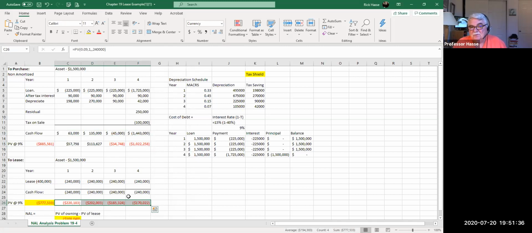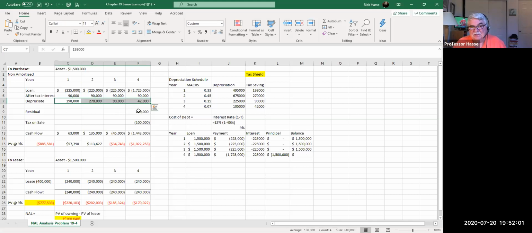And the main reason for that is because it's such a short-term asset, 4 years. This is a computer mainframe. But if you go out longer, the advantage to owning is better. Because why? You can write off the interest on the debt. You can get a tax advantage for the depreciation.